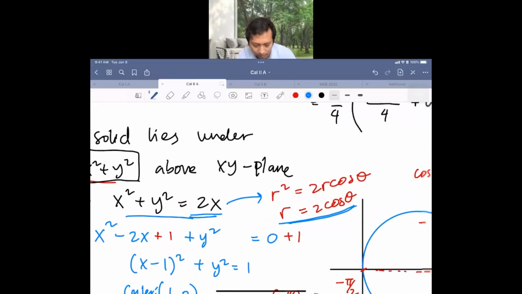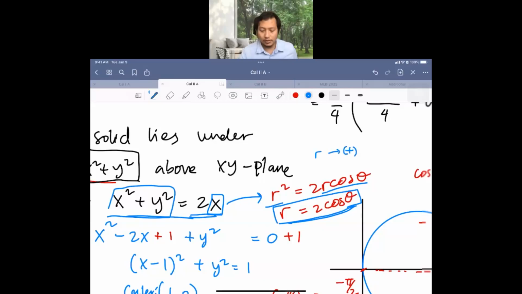So we could change x squared plus y squared to r squared, and x to r cos theta, and we could simplify it to cos theta. Now why can we do this? Because we are in polar, and in polar r is always positive. In our visuals it is always positive. It can be negative, but when we draw, it should be positive. So we could cancel this with this, and r becomes 2 cosine theta.